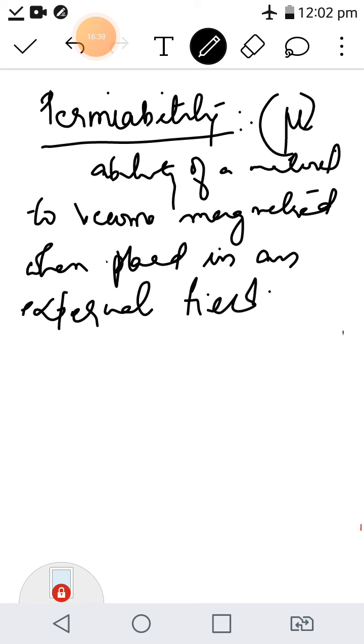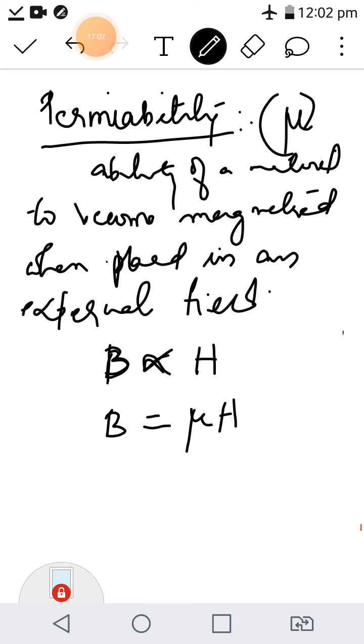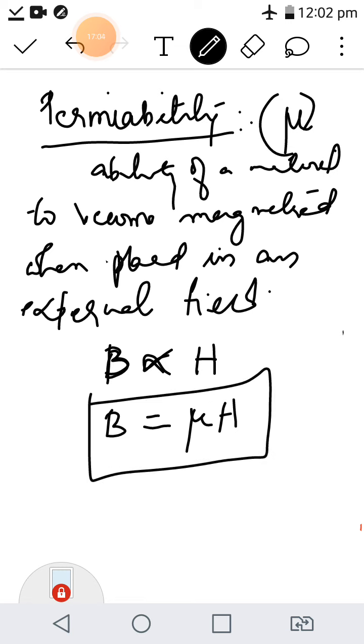Okay, so the equation relating this is that the magnetic flux density B is directly proportional to the field strength. If flux density increases, the field strength also increases. So this proportionality is replaced by a constant: B is equal to mu into H, and this mu is known as the permeability of the materials.